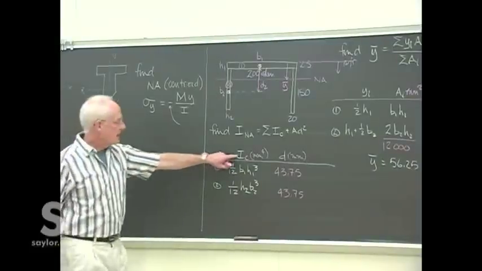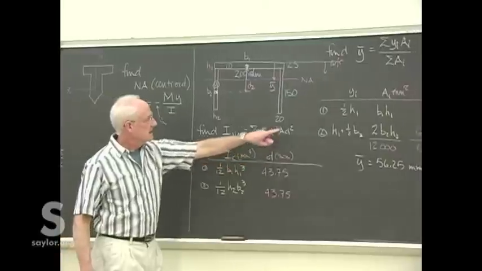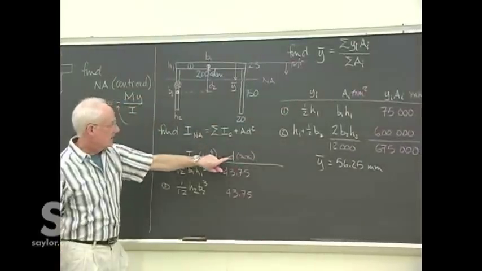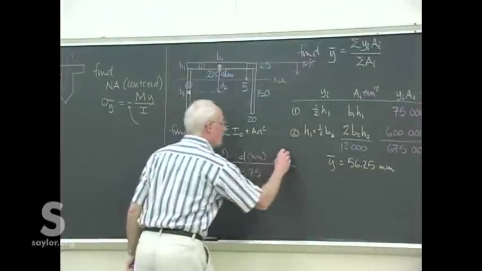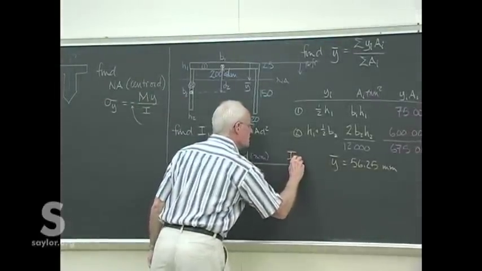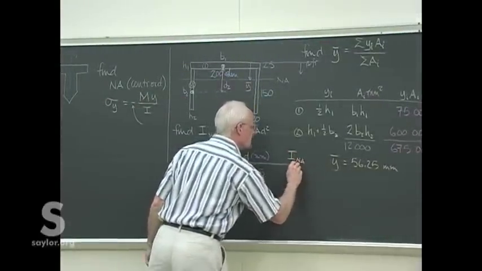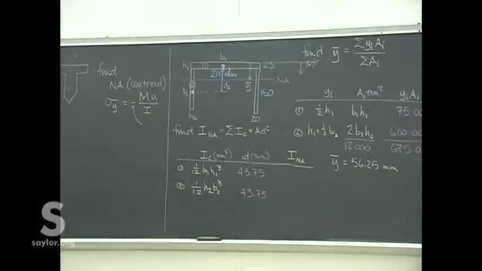Now we can add I plus A d squared, which we already have, to now get the moment of inertia of each piece with respect to the neutral axis. Then we just add those two up to get the moment of inertia for the entire cross section.